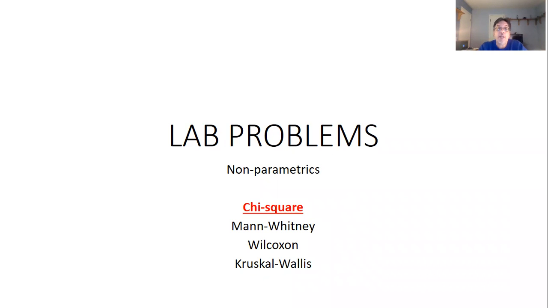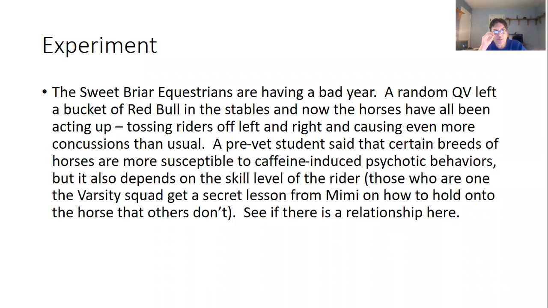Okay, so today we're doing the chi-square first, and this time I put up more of a description. The last time I just went through the problem. So Sweet Briar equestrians are having a struggle. It's 2020, of course. Why would they be off the hook compared to the rest of us? A QV left some Red Bull in the stables, and now they're all hyped up.